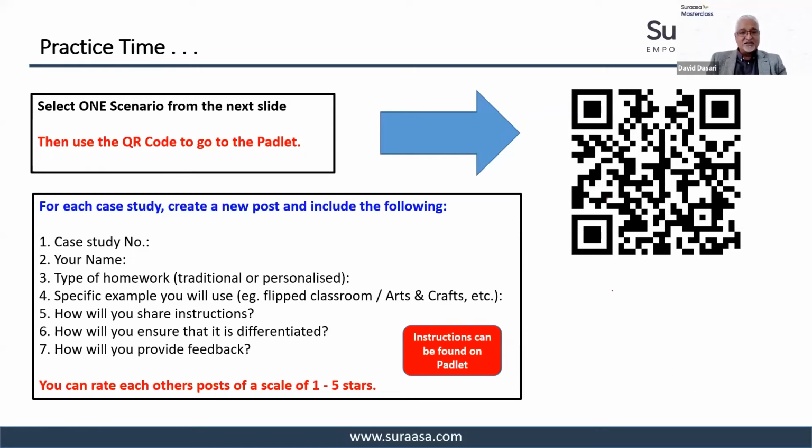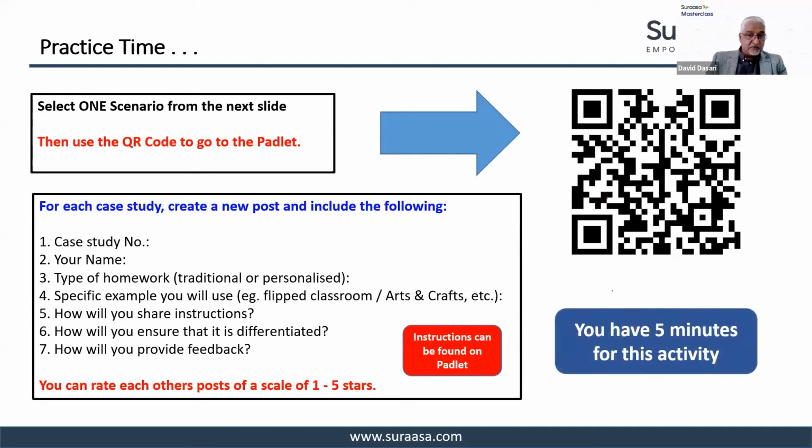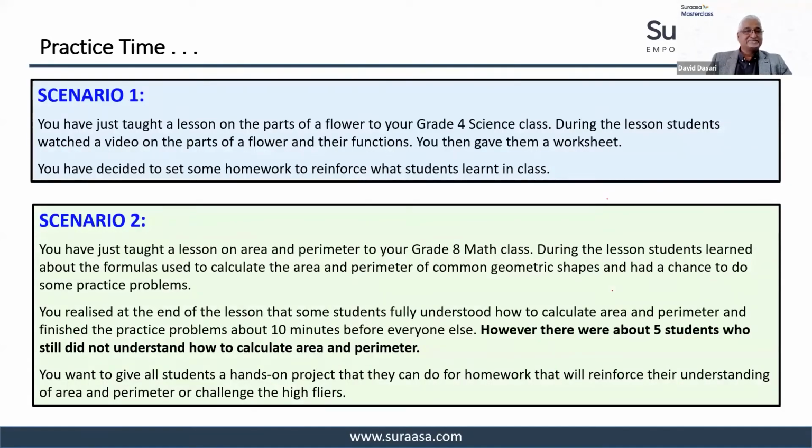All right, once you get on there, I'd like you to answer these 7 questions basically for the case study that you have selected. Since we only have 5 minutes for this activity, all right, you will choose one. But if you are a fast worker, feel free to go to the second case study or scenario. Okay, here you go.